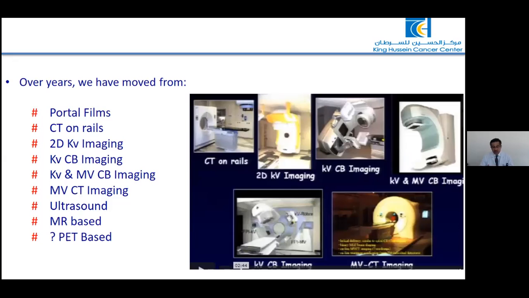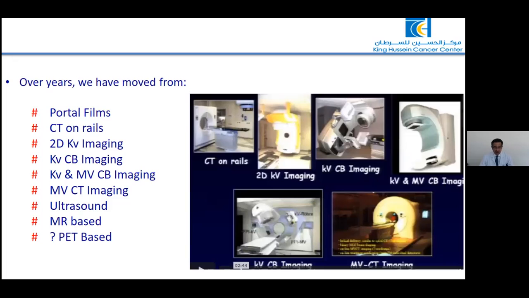Now, for the last probably 20 years, a lot of changes have been made in imaging, starting from portal films that we used in the 80s and early 90s, the CT on rails, to the kV imaging, kV cone beam imaging, and MV cone beam imaging. And this is how the development of imaging during radiotherapy or before, the MV-CT imaging, then the ultrasound, also used as a tool for the IGRT.